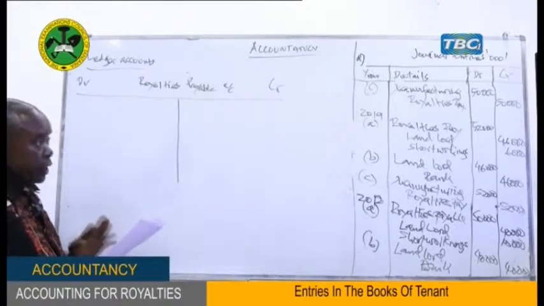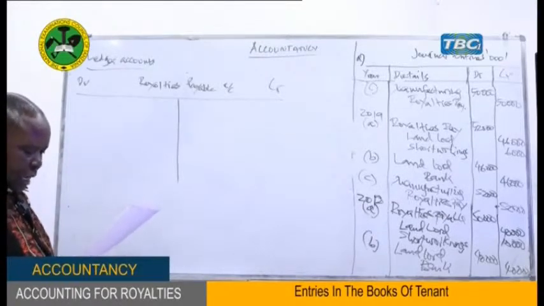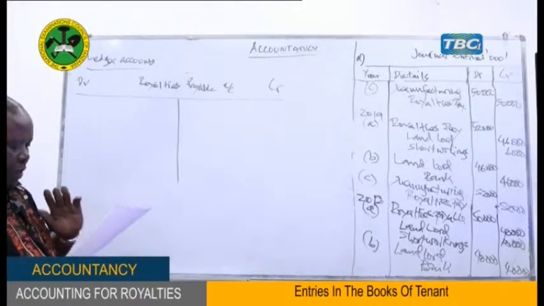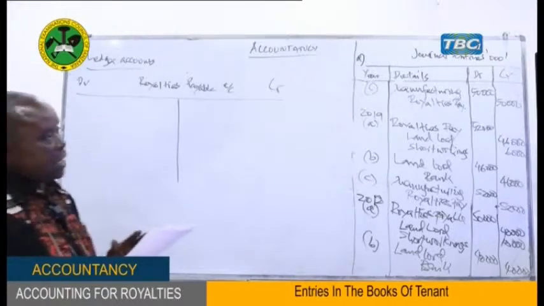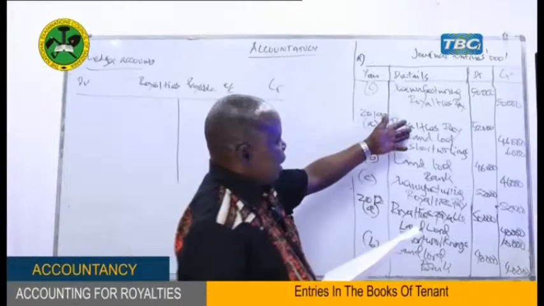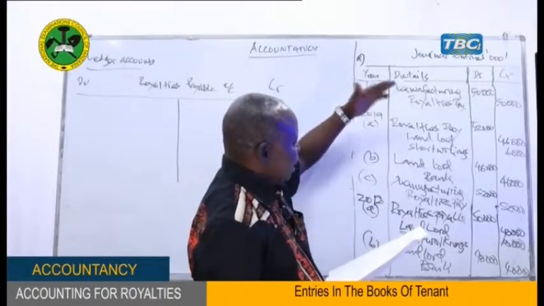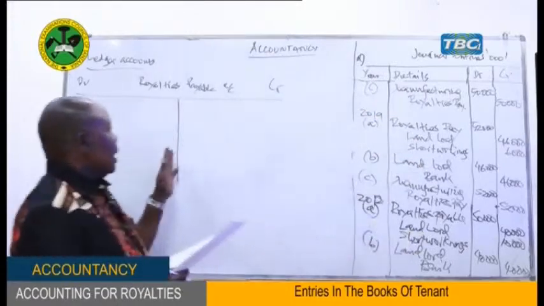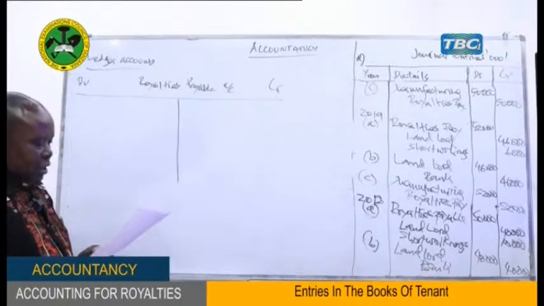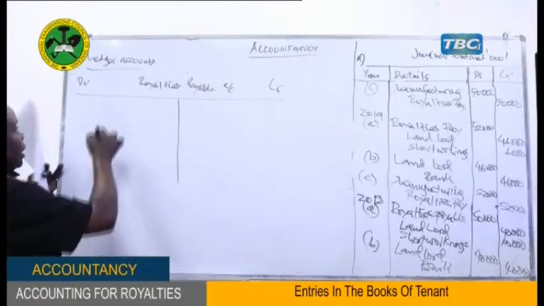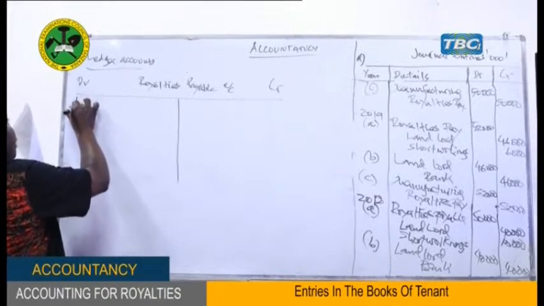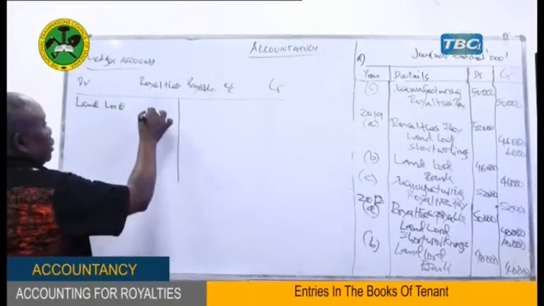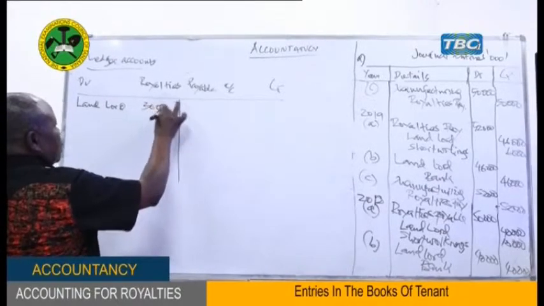Now, as far as the journal entries are concerned, we debit landlord, we debit royalties payable, and we credit landlord. Then we credit royalties payable, and we debit manufacturing. So here now we start with the year 2015. We just debit. Here it's landlord, which is 30,000, the actual.